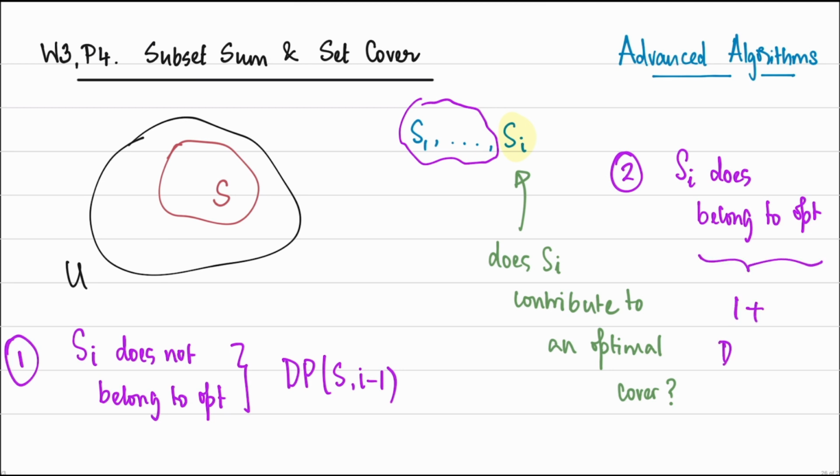But then when we go deeper into the DP rabbit hole, we can actually set ourselves a smaller target, which is S minus Si, because Si is going to be in our cover, so we don't have to worry about covering those elements that are already accounted for by Si. But remember that the 1 plus here is crucial, so that you're carrying forward the size of the solution in this recurrence. We've already seen an example of what happens when you forget to do your plus ones. You don't get the right answer at all.